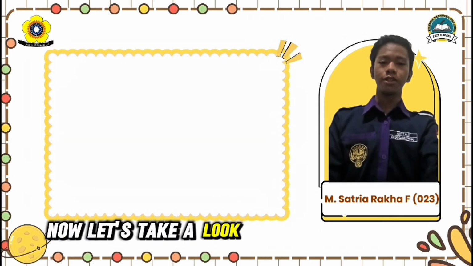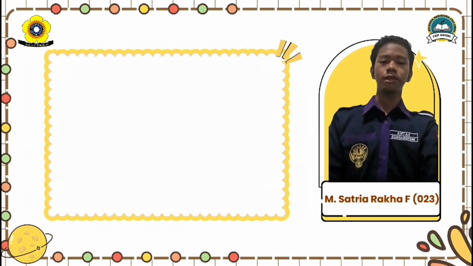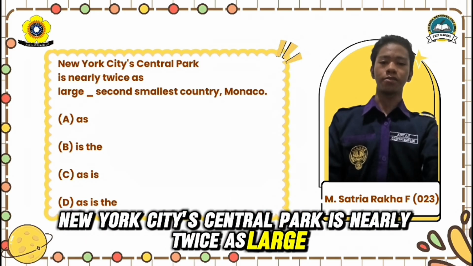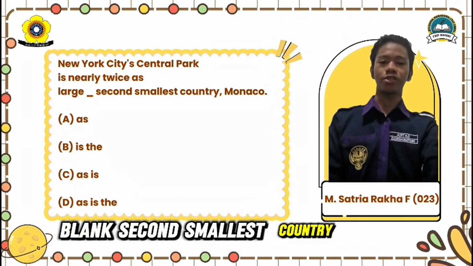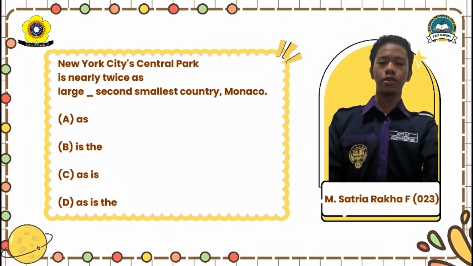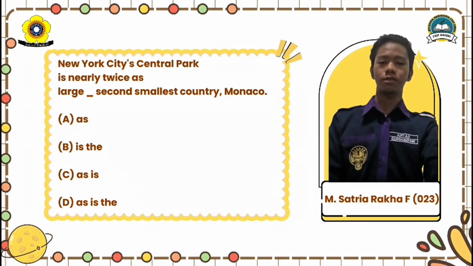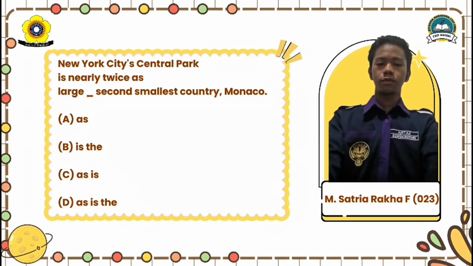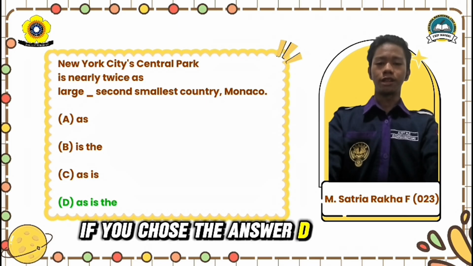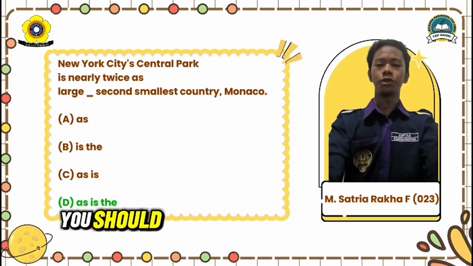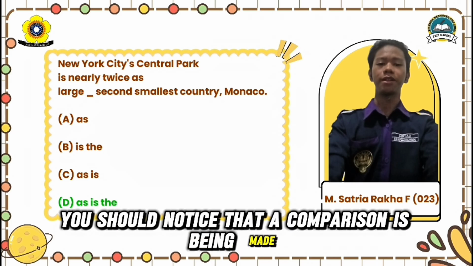Now, let's take a look at the next example. "New York City's Central Park is nearly twice as large blank, second smallest country, Monaco." What is the best answer for this question? If you chose the answer D, "as is the," then you are correct. In this example, you should notice that a comparison is being made.